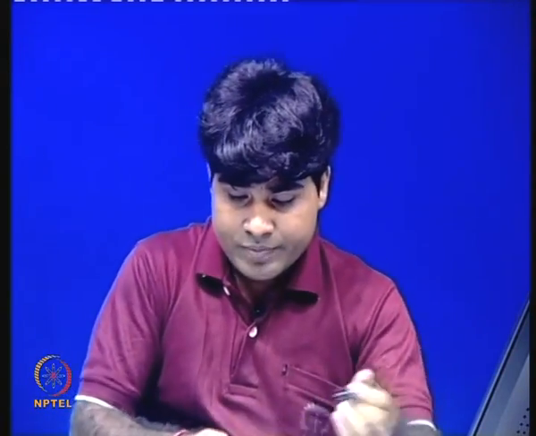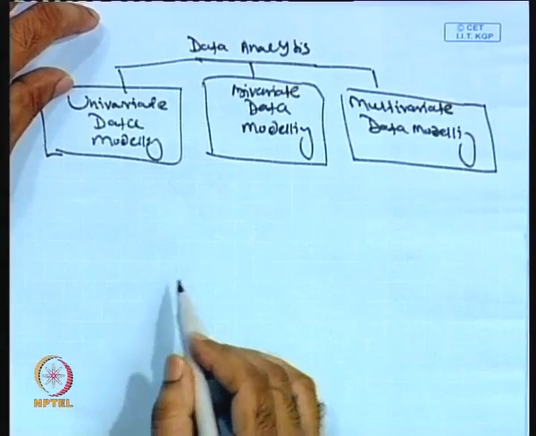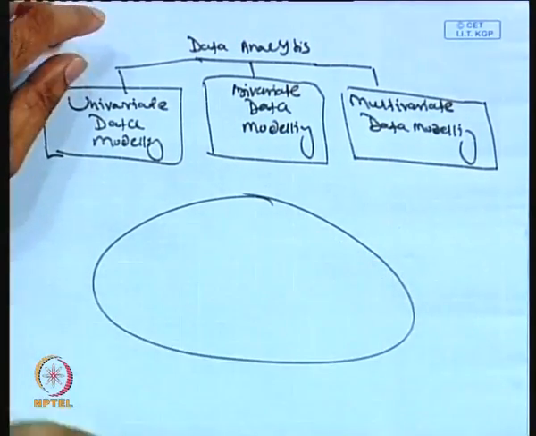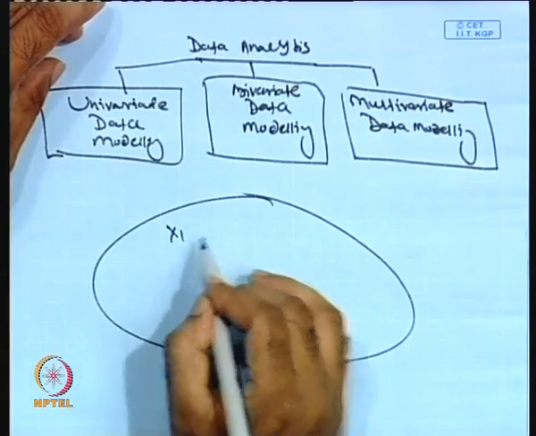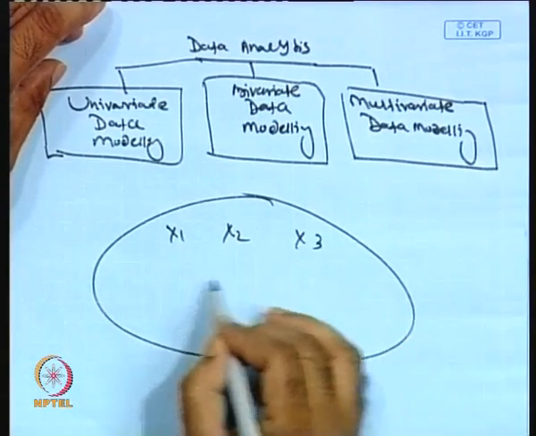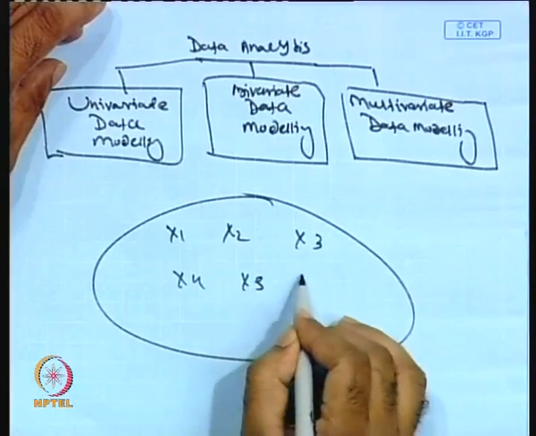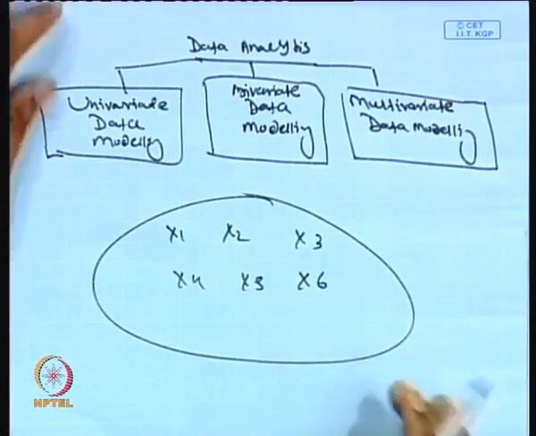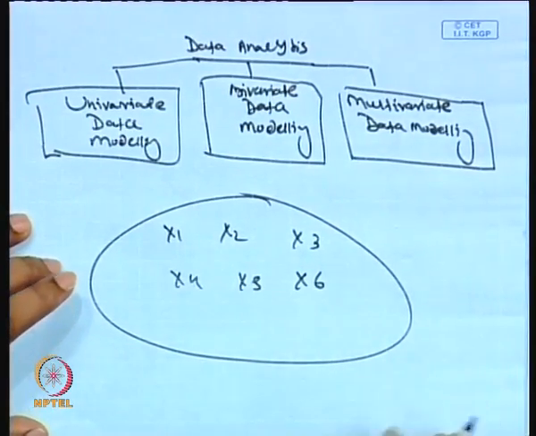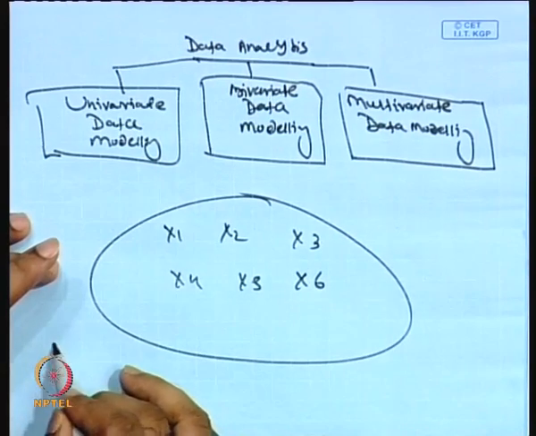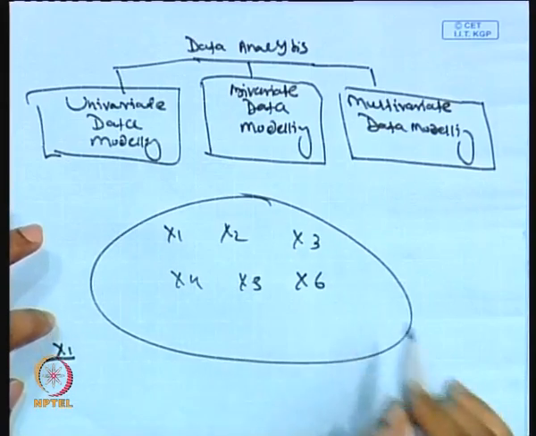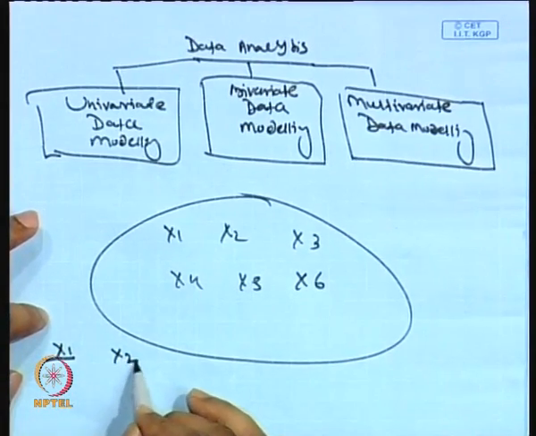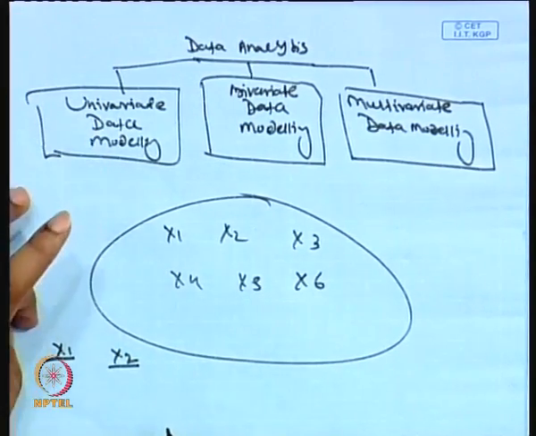So, that means let me take a case here. This is the boundary here. So, we have several variables, say x1, x2, x3, x4, x5 and x6, all right. So, now what you have to do? So, now if I am concerned about only the structure of x1 or x2, x3, x4 like this, then it is called as a univariate data analysis.